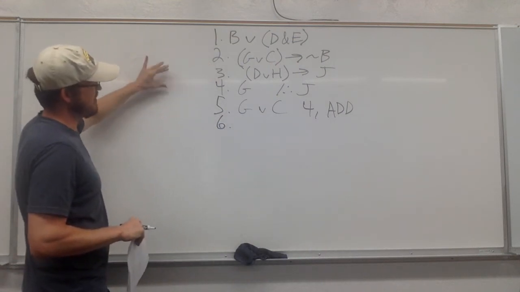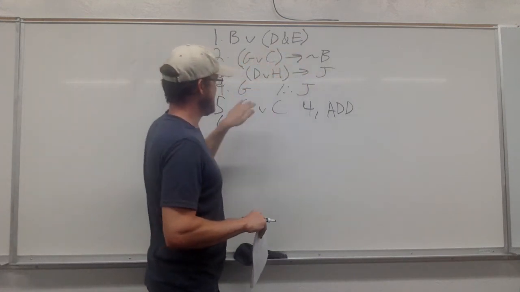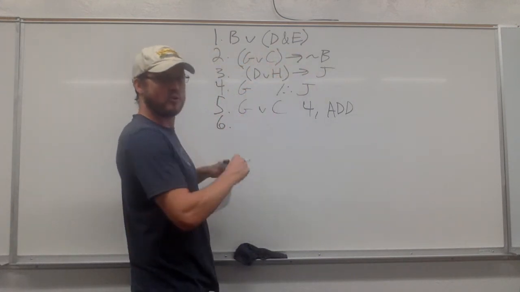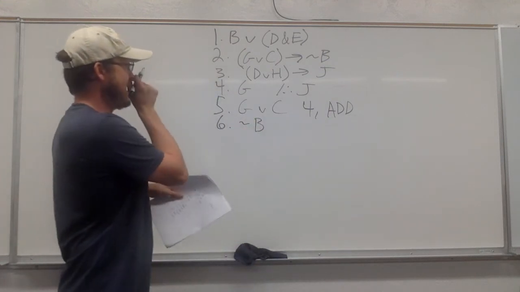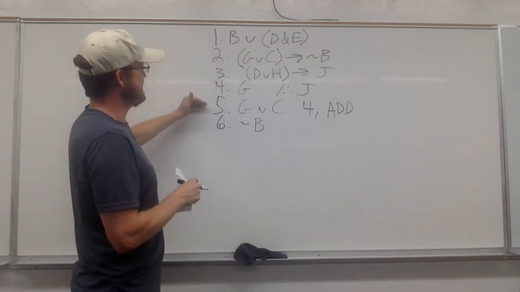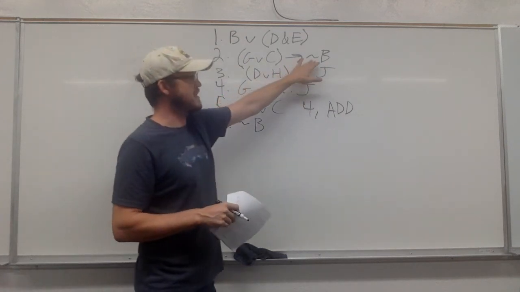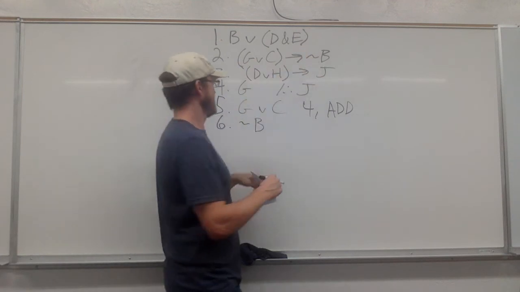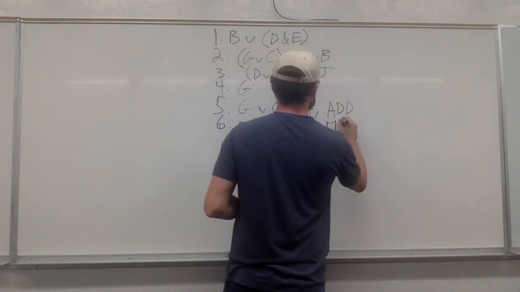If G v C, then not B. G v C, therefore, what? Not B. And how did I get that? Lines 2 and 5. So I put 2, 5, modus ponens.